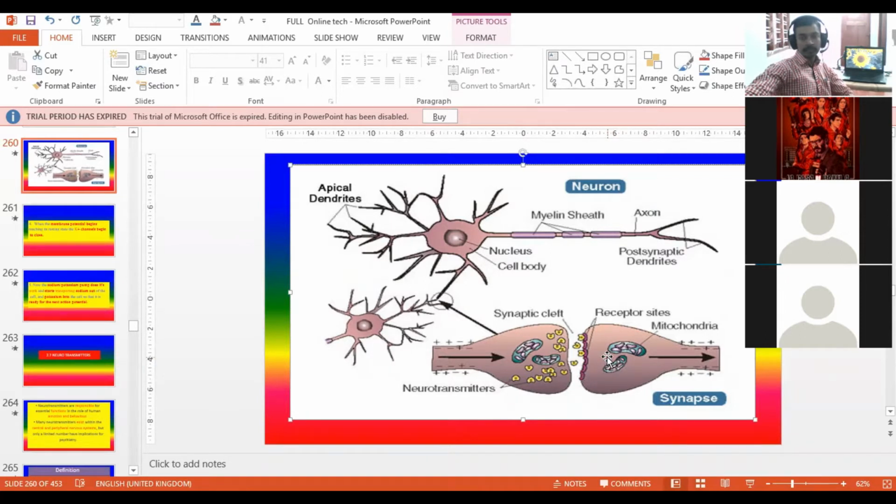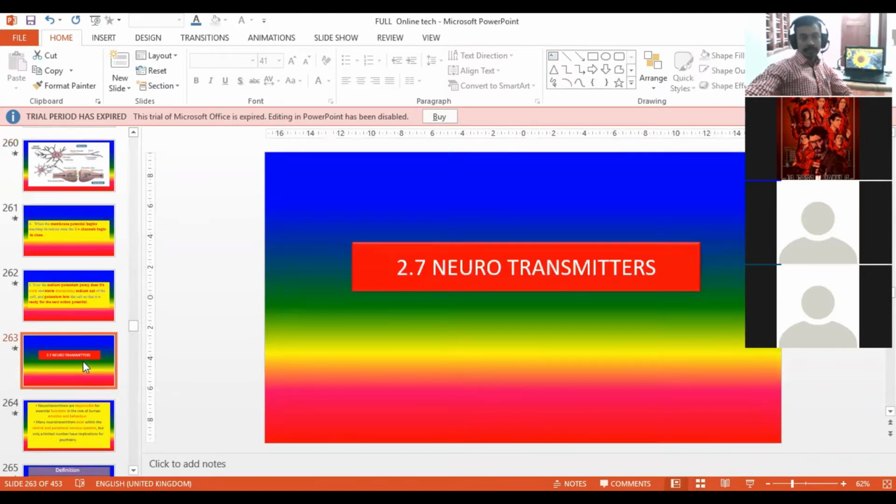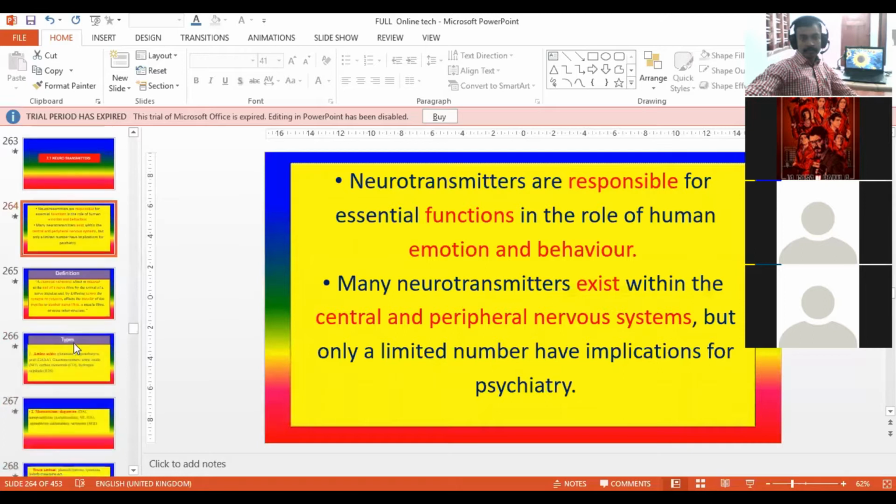So today we are going to detail what is meant by neurotransmitters, what are the types of neurotransmitters, what is their working, and their functions.